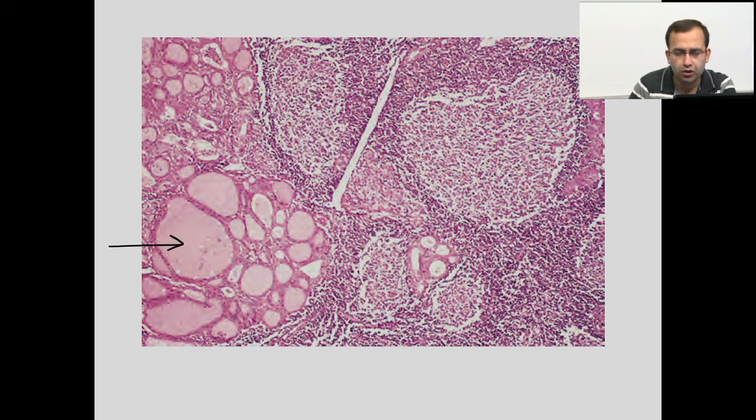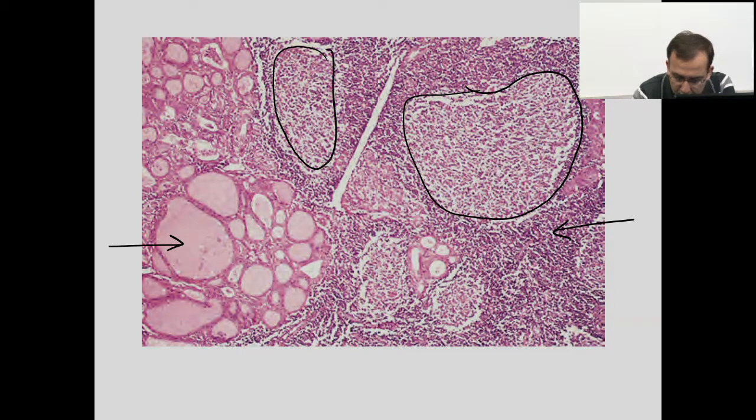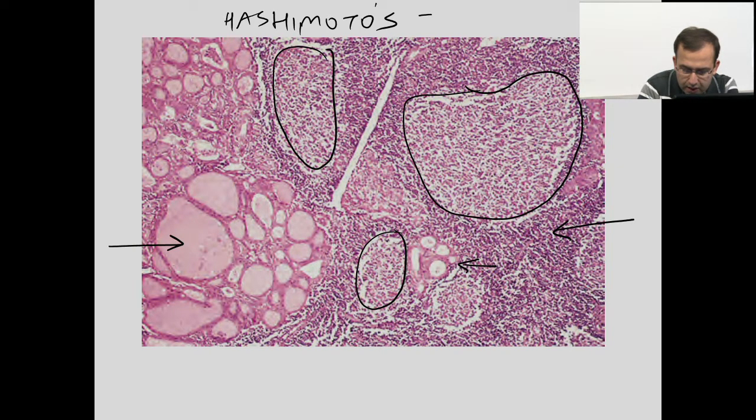It shows thyroid follicles with dense lymphocytic infiltrate and well-defined lighter areas, which are the germinal centers, with entrapped thyroid, making this Hashimoto's thyroiditis.